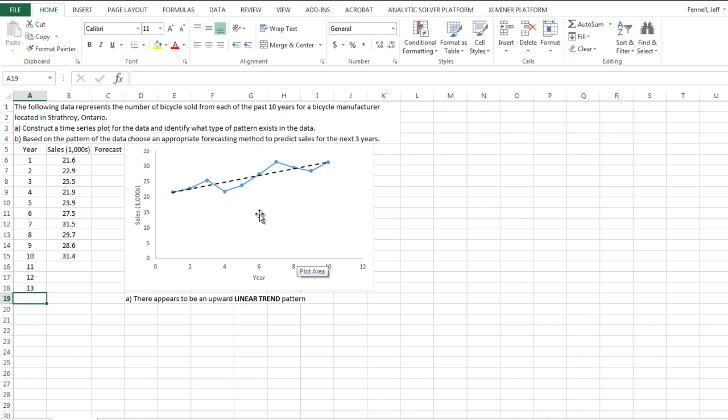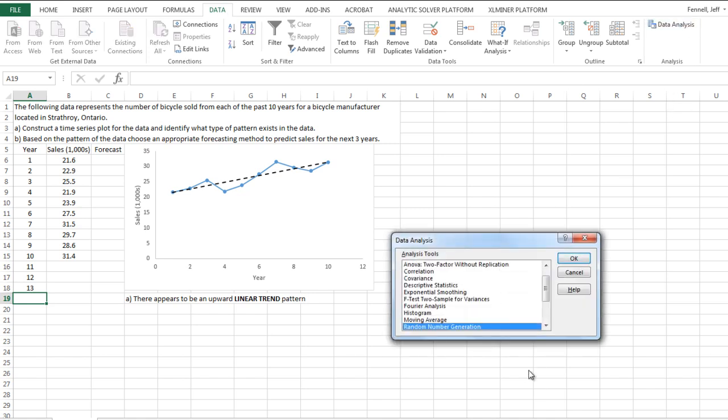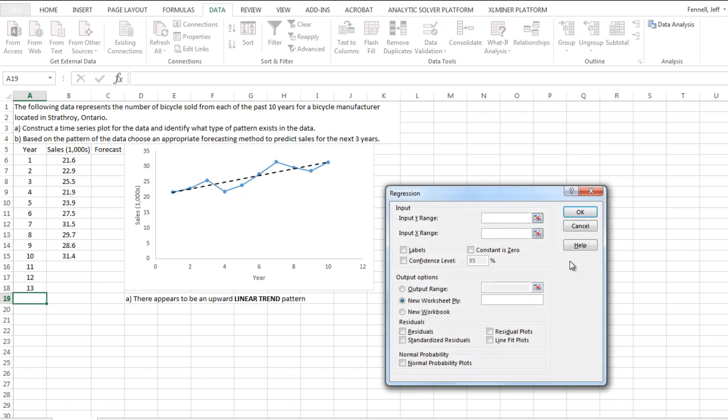In order to do that, we are going to need to establish what the equation of this line is, which can be done from our regression analysis tool. So under data, data analysis, regression. Remember, the y input is always what we're trying to predict. In this case, we're trying to predict our sales.